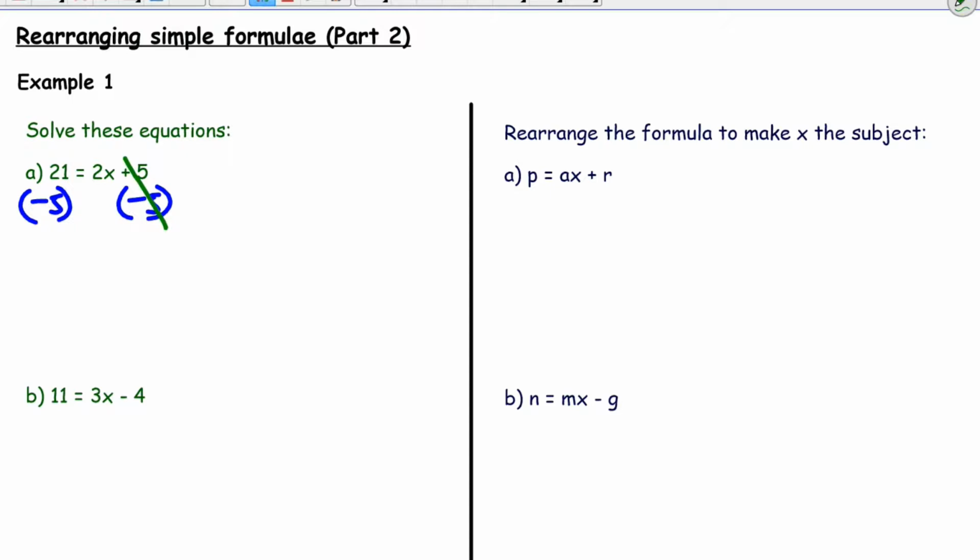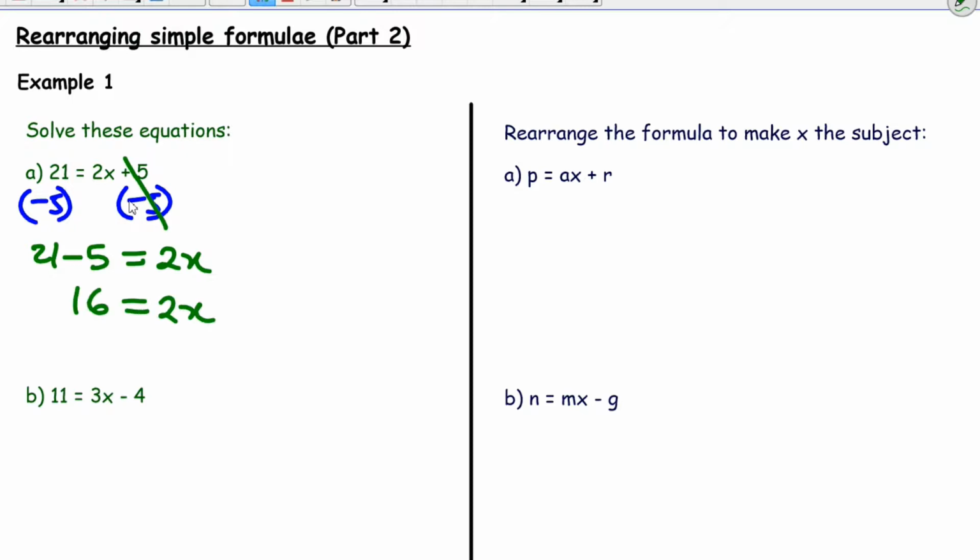So that's gone. So basically what we shall end up with is 21 minus 5 is equal to 2x. Now 21 minus 5 will be equal to 16. So 16 is equal to 2x.